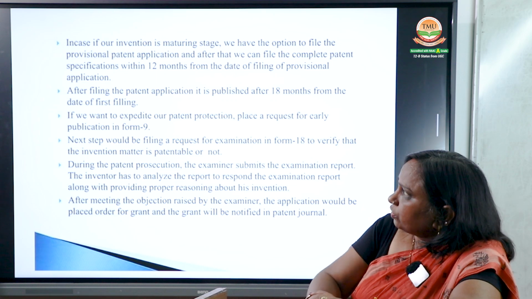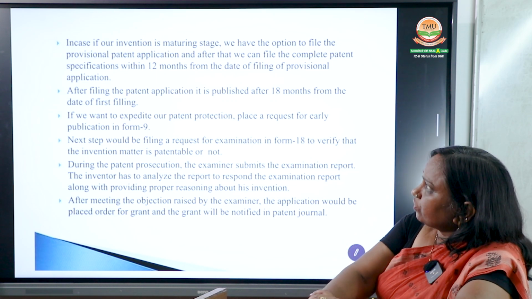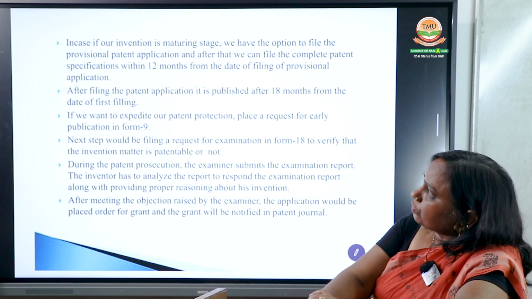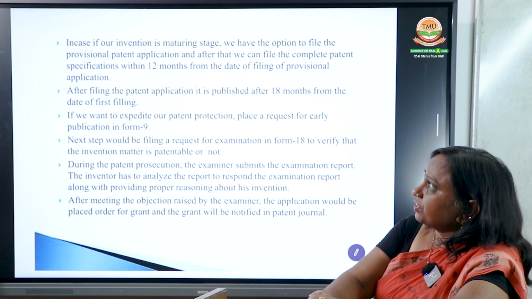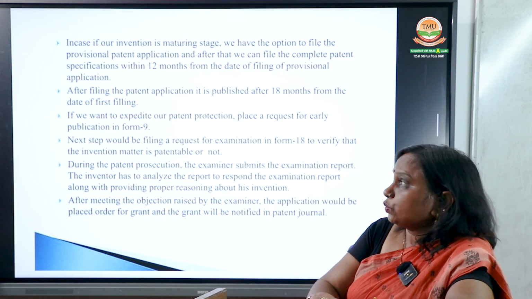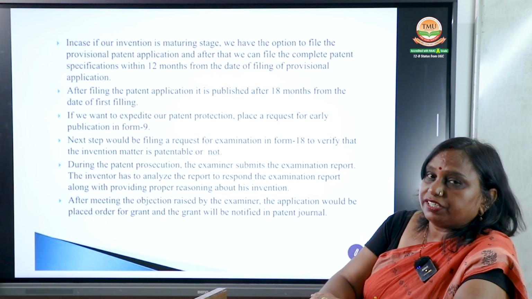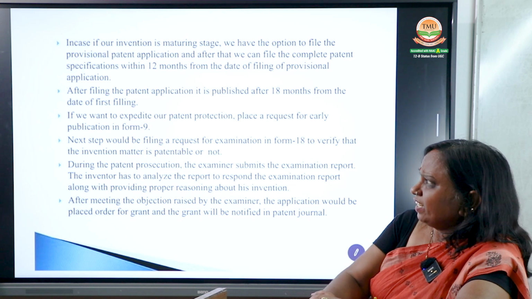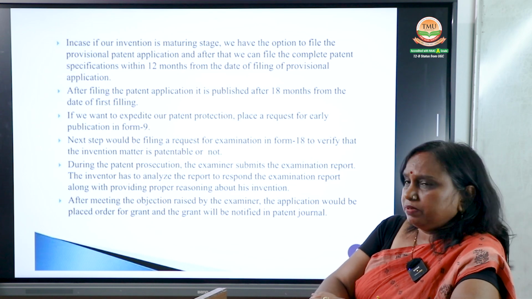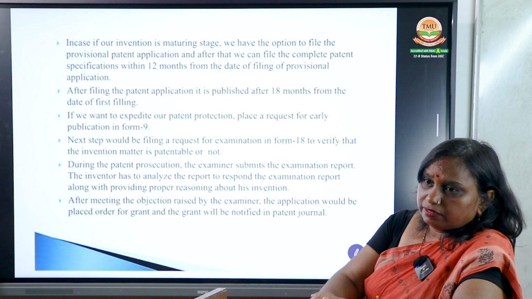So friends, in case of inventions, if the invention is at a maturing stage, we have the option to file a provisional patent application, and after that we can file the complete patent specification within 12 months from the date of filing of the provisional application. After filing, the patent application is published after 18 months from the date of first filing.